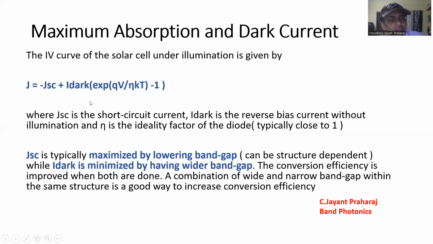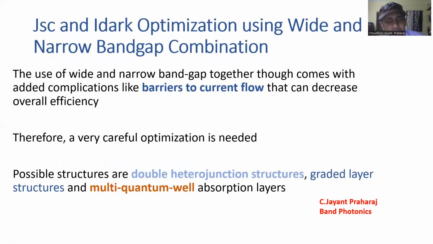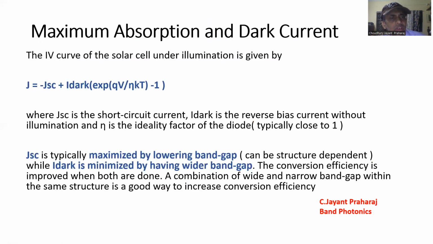And it is this kind of equation that determines the current versus voltage under illumination that you get from the solar cell, and that decides what kind of electrical power you can get out of the solar cell.